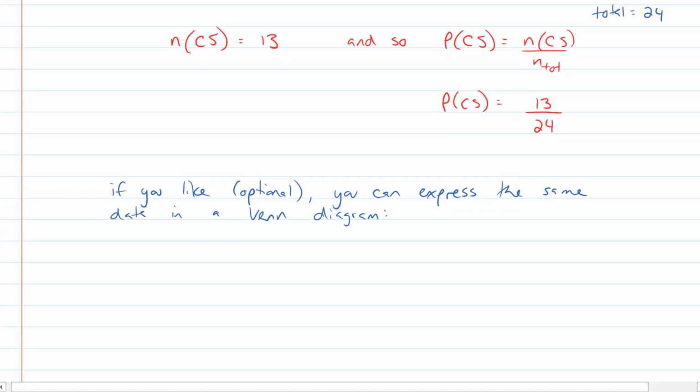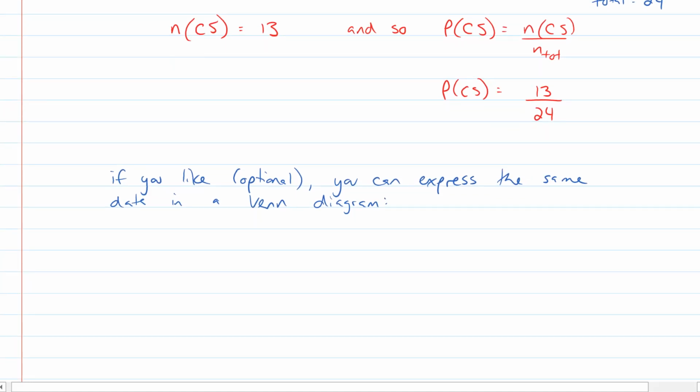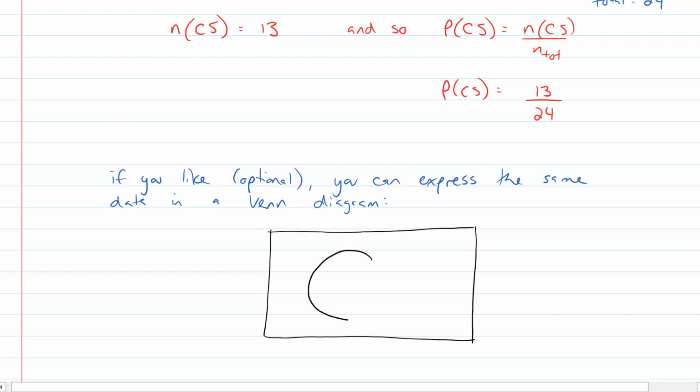So for example, you could draw a little Venn diagram here, with two circles like this, where this is coffee, and here's our spicy food.